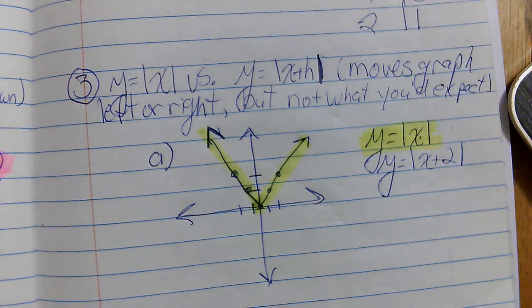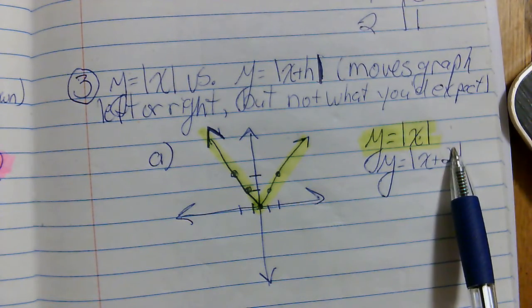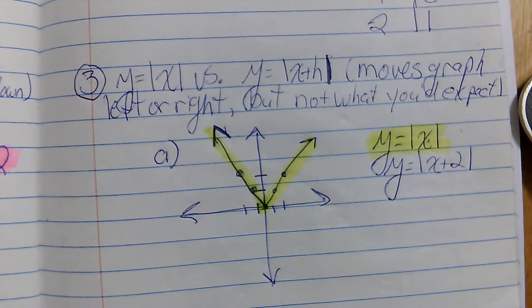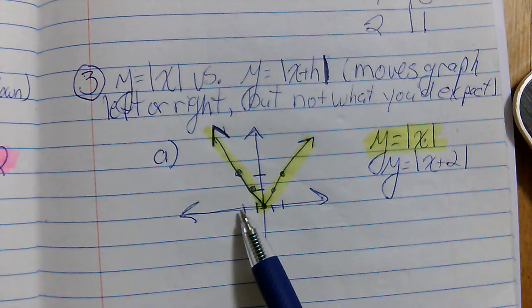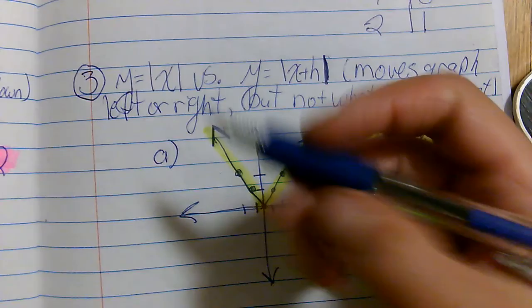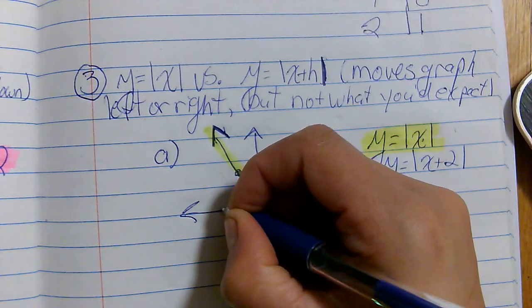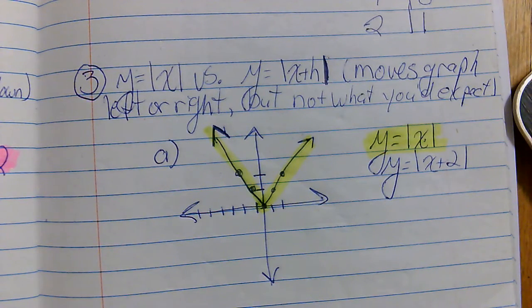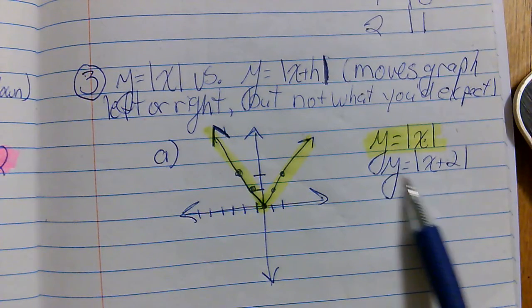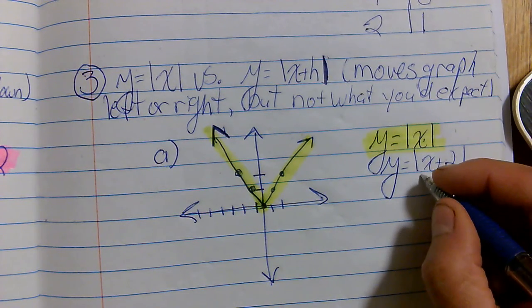Now, because I know what's going to happen with this particular graph, I'm going to extend a couple of points over on the negative side of my x-axis, just like that. You're going to see what happens as we start to plot the coordinates of this one.